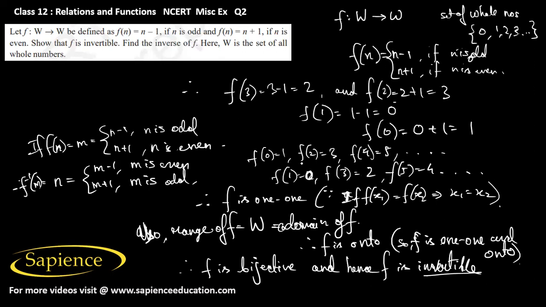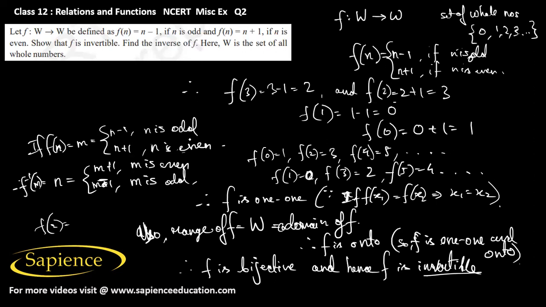Therefore, if n is even, then this is 2 plus 1, that is 3, and if n is odd, this is n minus 1. So now f of 2, this will be minus actually. Since here if n is even, then n plus 1 is odd.